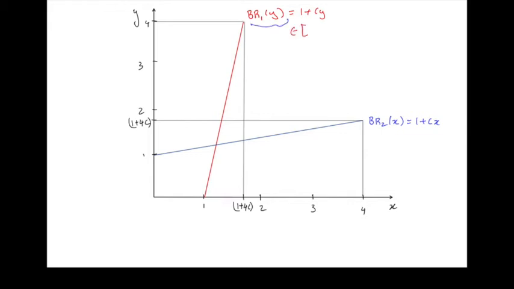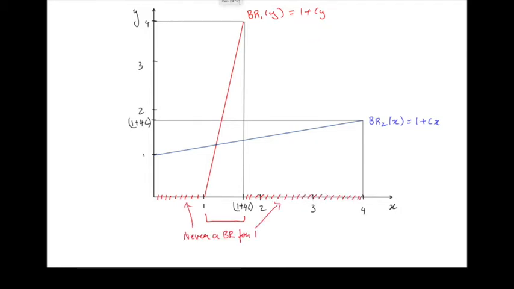So the lowest value that this can take is 1 when y is 0, and y goes between 0 and 4. So this is somewhere between 1 and 1 plus 4c. So when we graph that, we see exactly that. x takes values only between 1 and 1 plus 4c. So these things are never best responses. So anything outside of that set is never a best response for player 1.